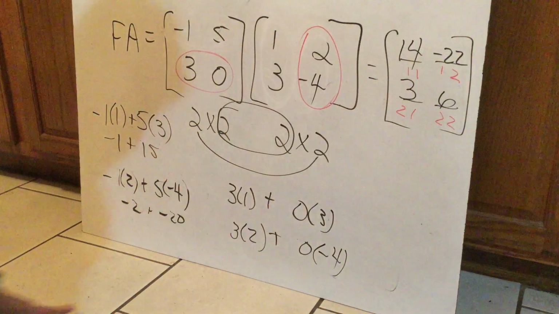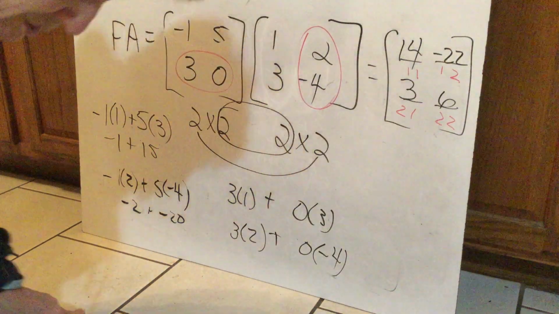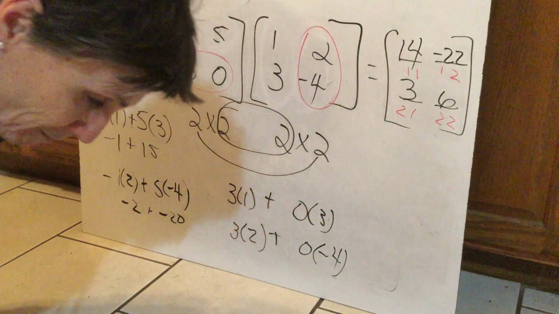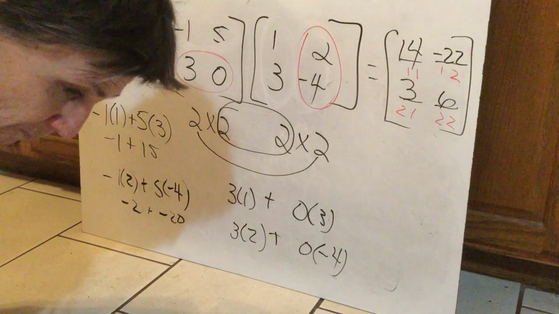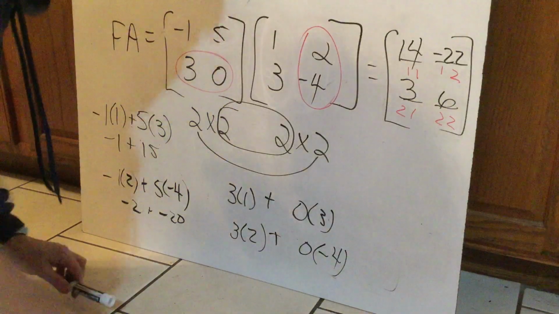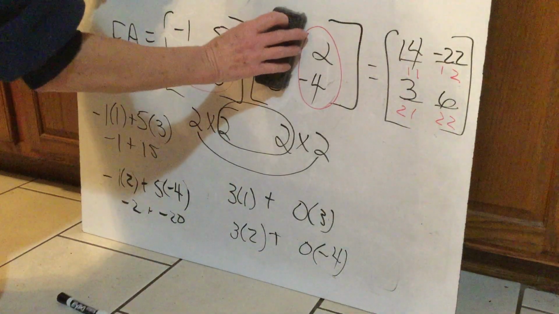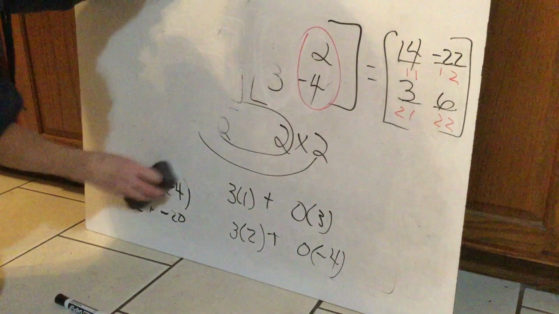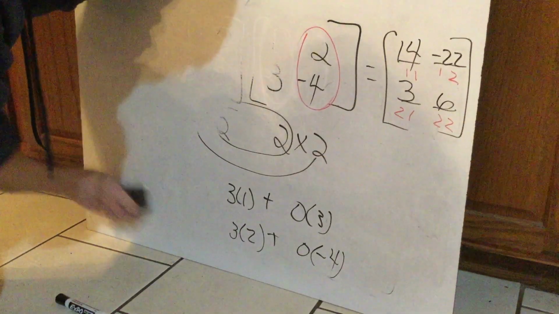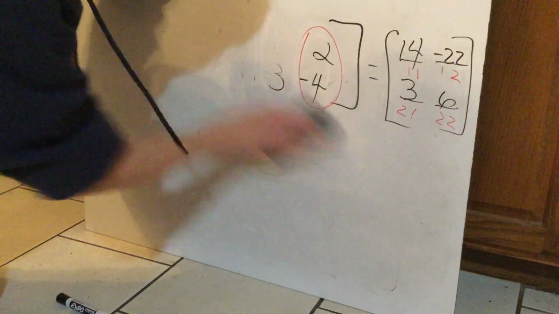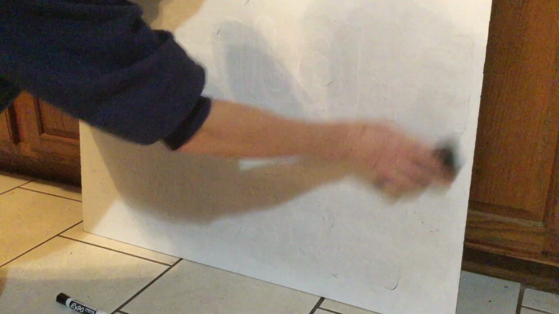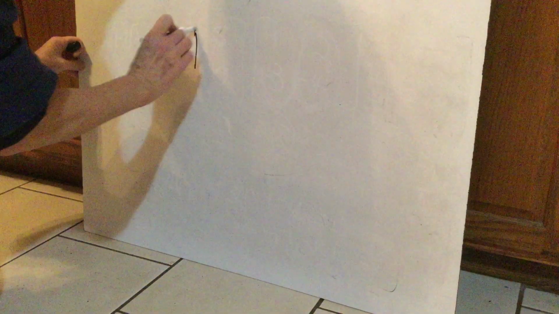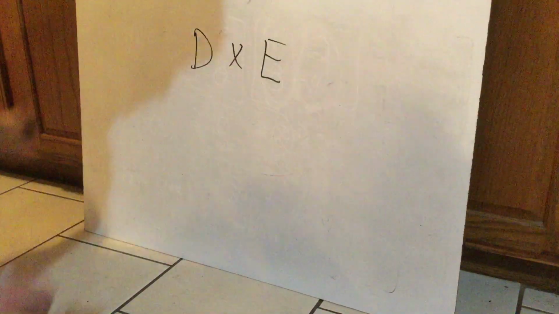All right. We're going to do one more. Time flies when you're having fun. We're going to look at problem C that says we're going to multiply D times E. Now, before I get it all copied down, what are the dimensions of D?